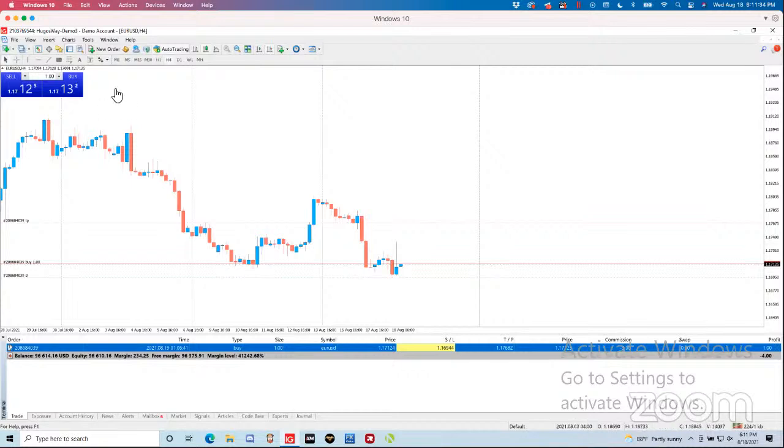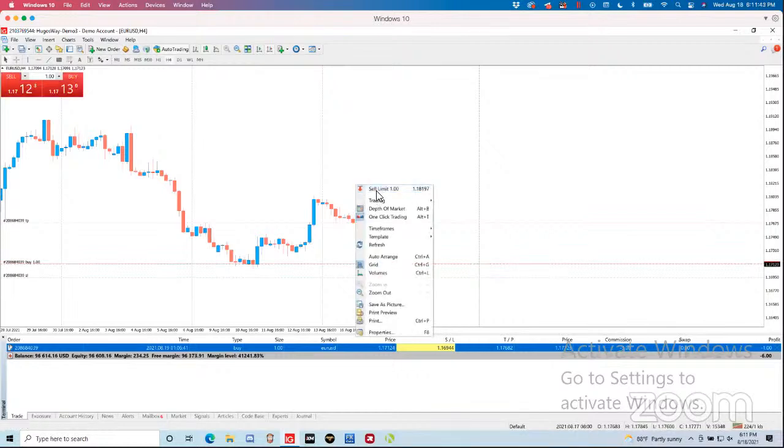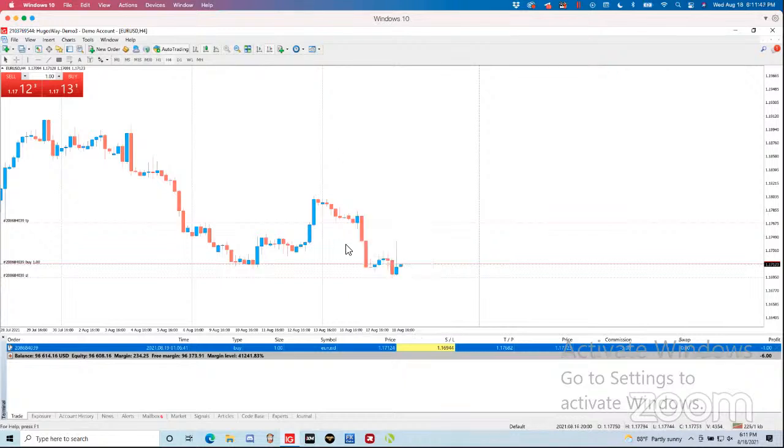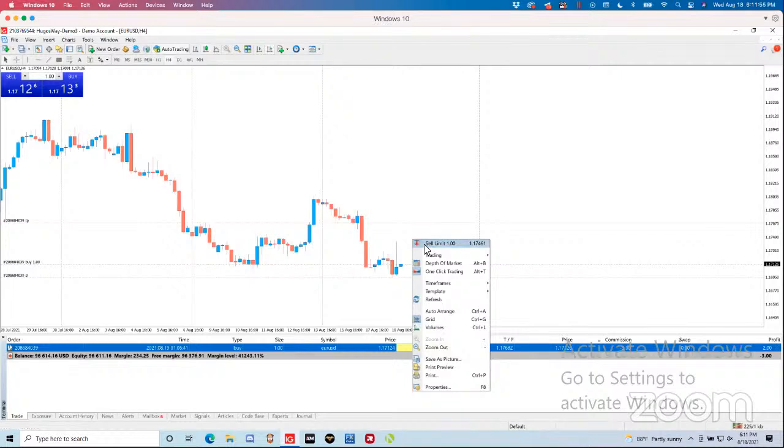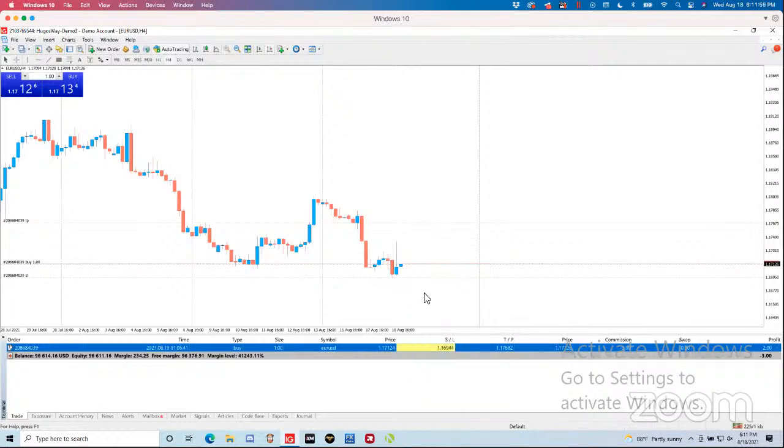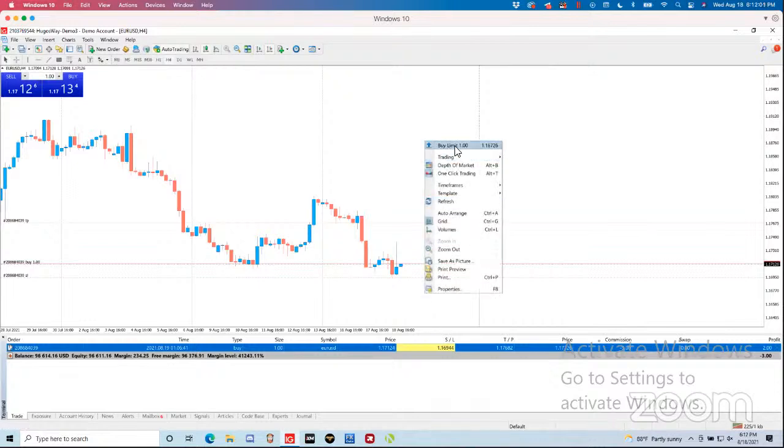And I can enter my trades using these for market execution, but it also automatically gives you presets depending on where price is. So if I'm above price, I'm going to automatically get a sell limit right here. If I'm below price, I'm going to automatically get a buy limit, right?